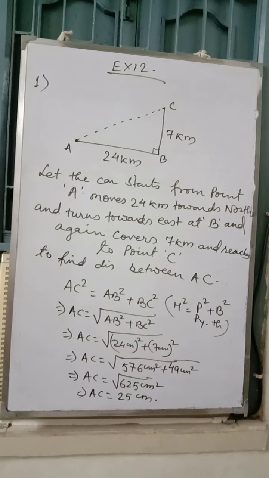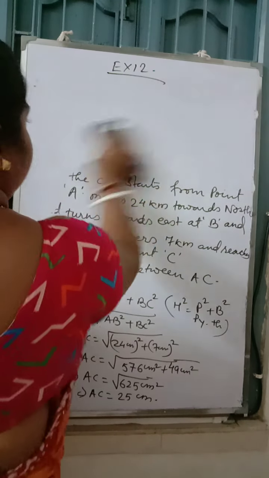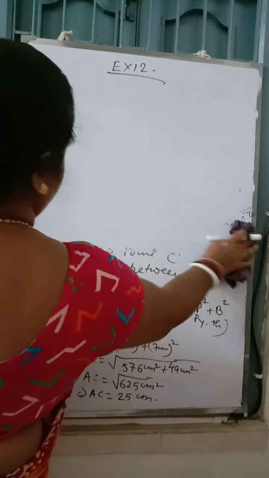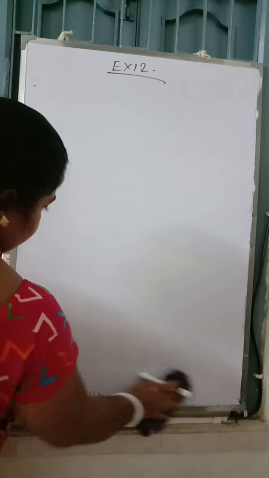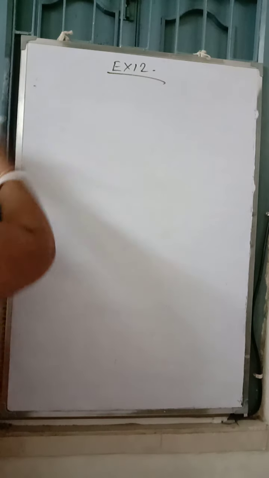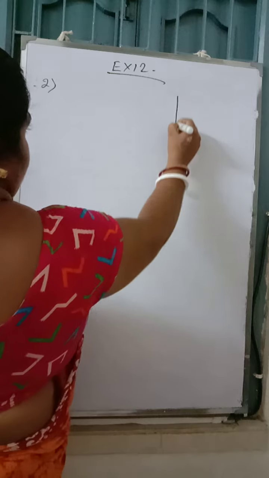Now question number 2, it says a ladder is 13 meter long and placed to reach a window at a height of 12 meter above the ground. Now first of all, question number 2, there is a window, clear?